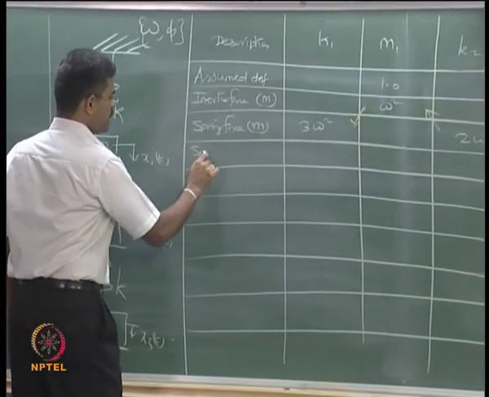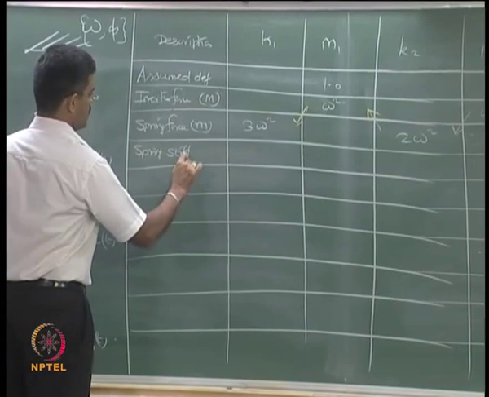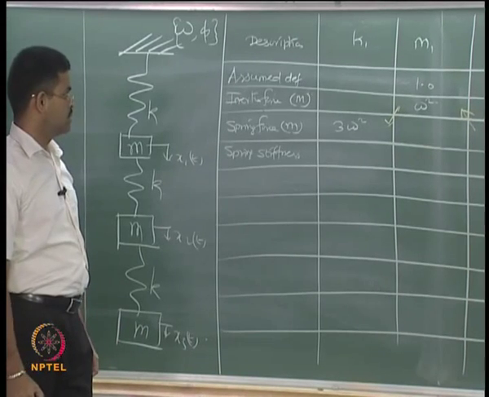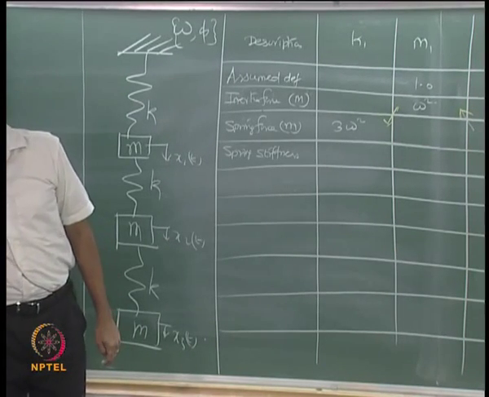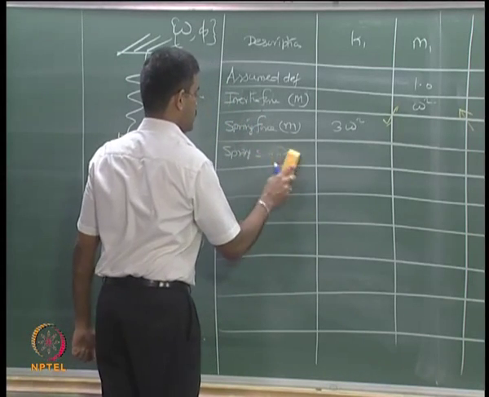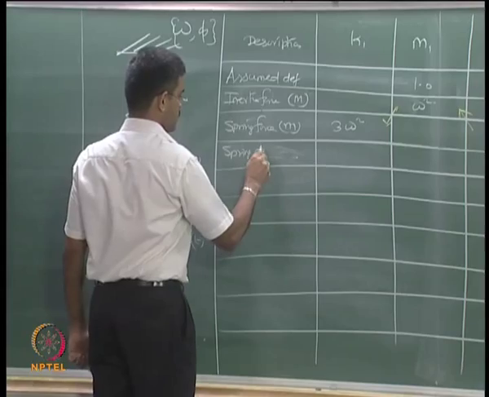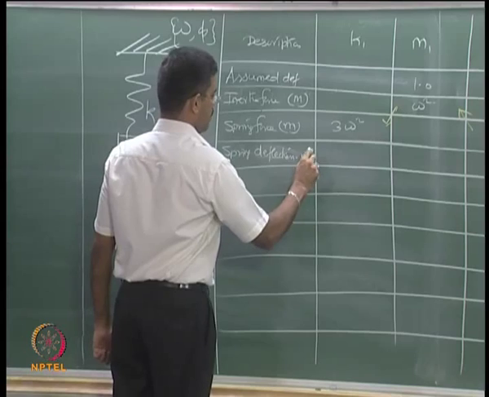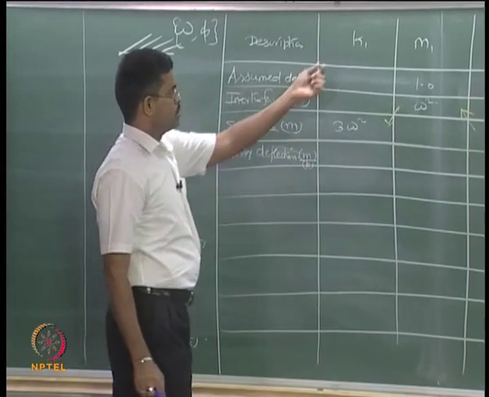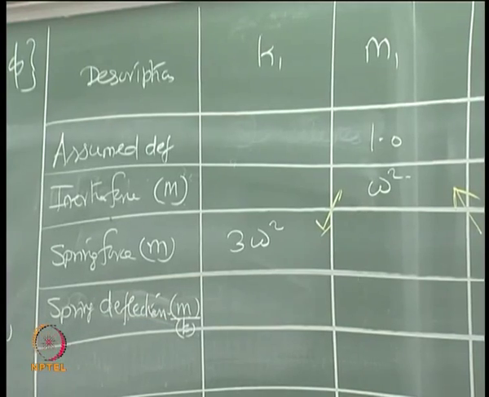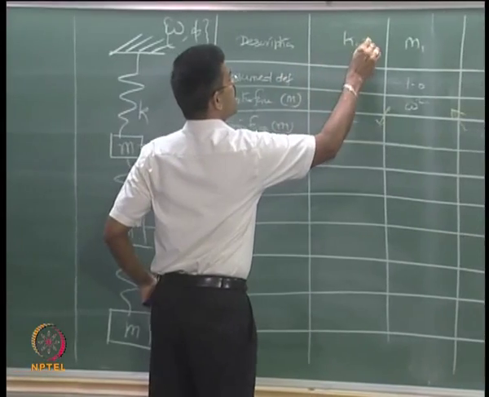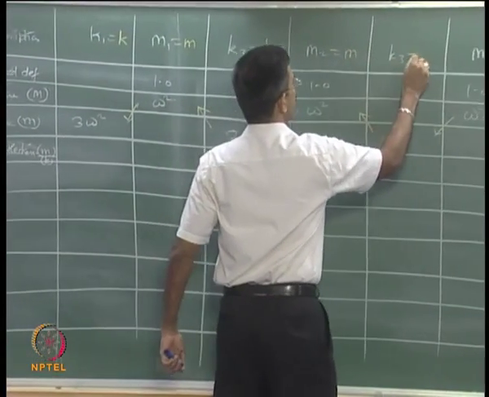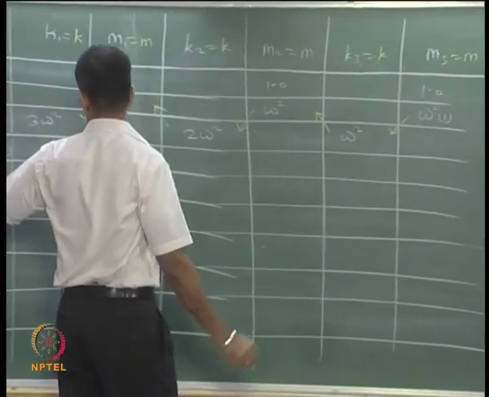Now I work out spring stiffness. Sorry, spring deflection, not stiffness. Stiffness is already given. This is spring deflection, which is again a multiplier of m by k. You know spring stiffness is k1, let us say for example. In this problem k1 is again k, m1 is again m, k2 is again k, m2 is m, k3 is k, m3 is m. That is what my problem says.